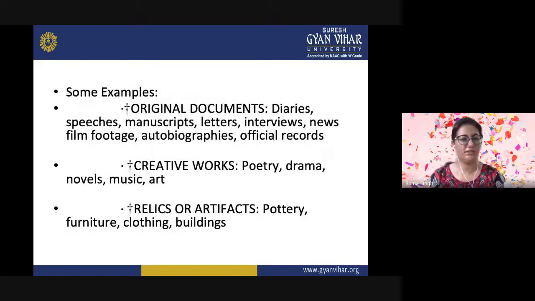Some of the examples of these primary sources are original documents like diaries, speeches, manuscripts, letters, interviews, news, film footage, autobiographies, official records, creative works like poetry, drama, novels, music, art of that period, and relics or artifacts like pottery, furniture, clothing, buildings.